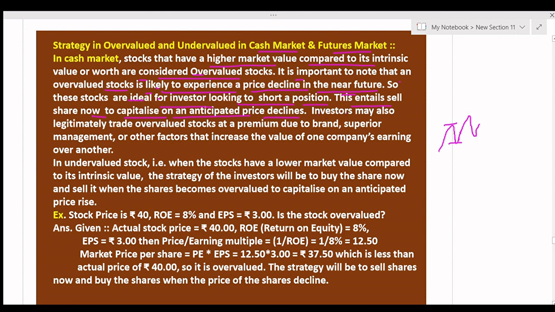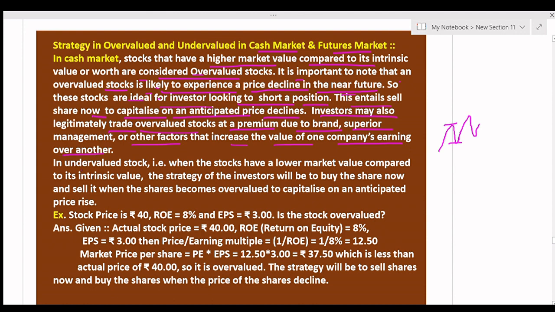This entails selling shares now to capitalize on an anticipated price decline. Investors may also legitimately trade overvalued stock at a premium due to brand, superior management or other factors, that is corporate factors, that increase the value of one company's earnings over another.